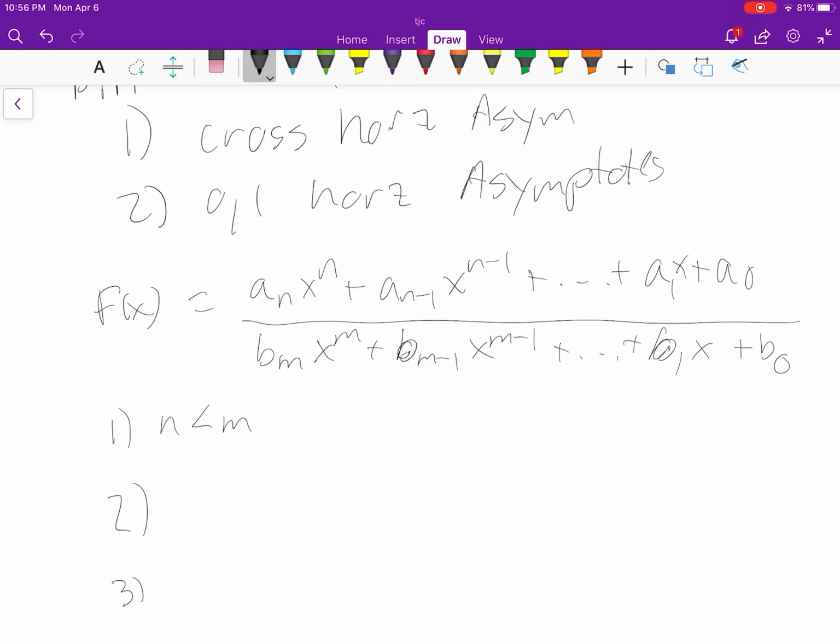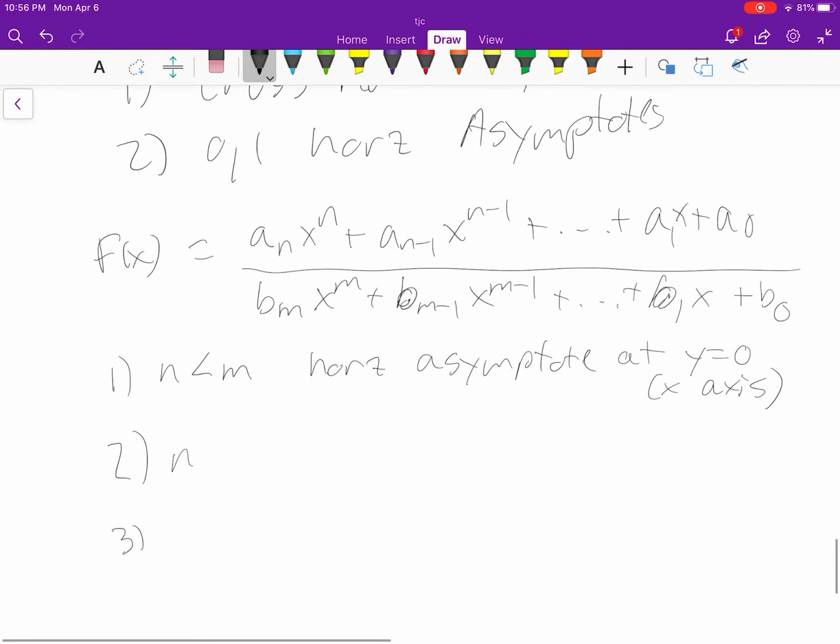If n is less than m, then you have a horizontal asymptote at y equals 0, which is the x-axis. So if the power on the top is less than the power on the bottom on the variables, then you do have a horizontal asymptote, and it's at the x-axis. This is the x-axis.